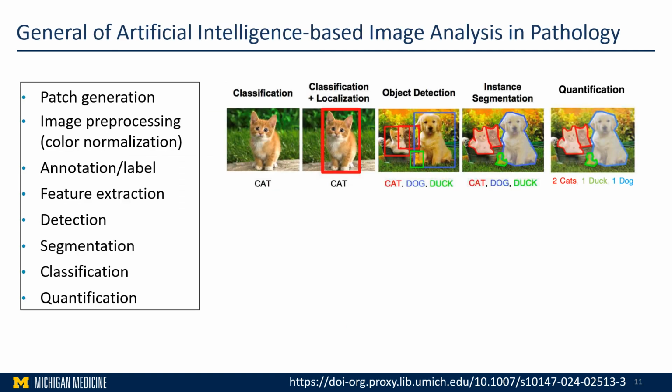So there are multiple steps for the image analysis. It usually starts with patch generation. After those patches are generated, there are pre-processing steps such as color normalization, which is often applied to account for any variation in interlaboratory H&E staining or other lab protocols.